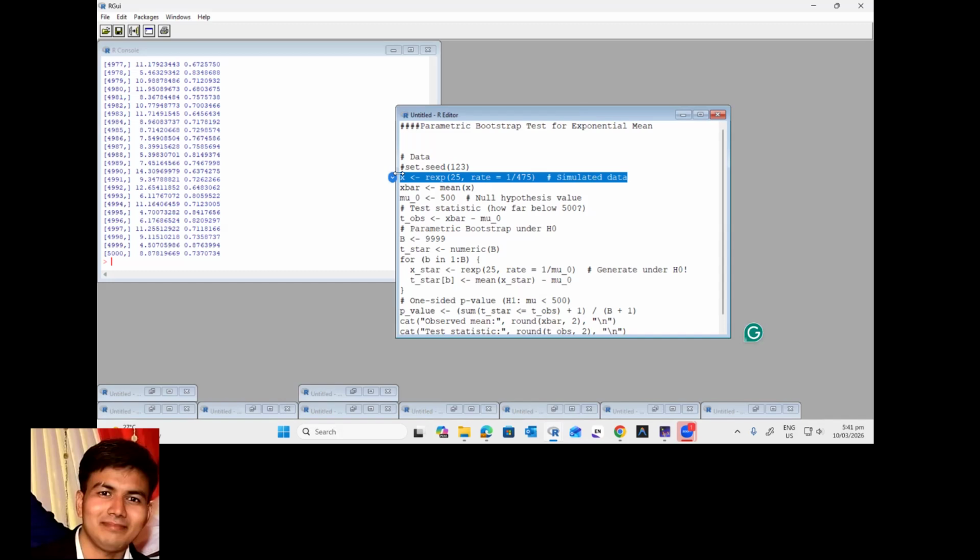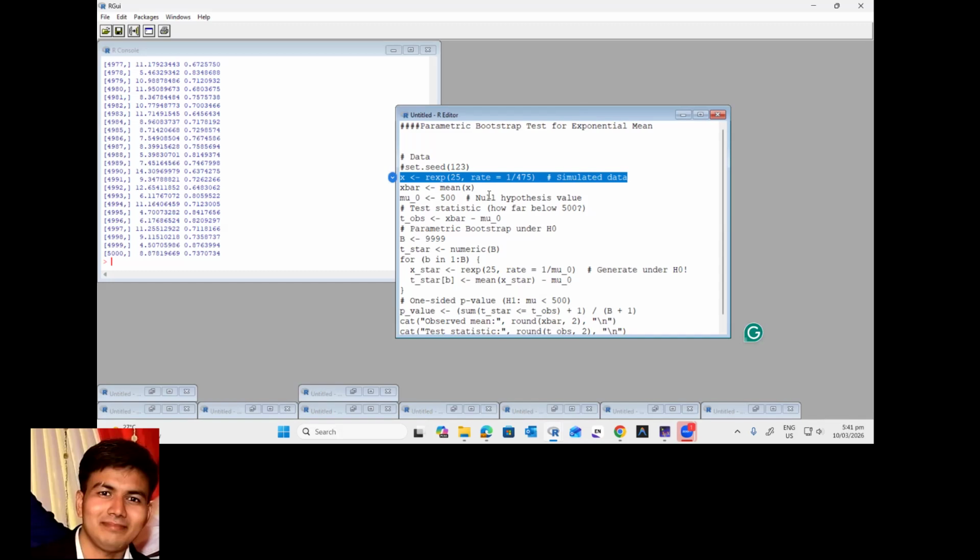From there, the true mean of the population is 475. But we are pretending that we don't know this and we test whether it could be 500 or not.